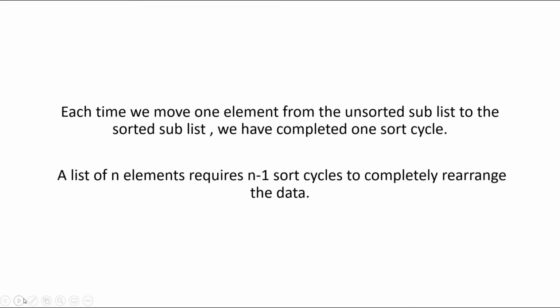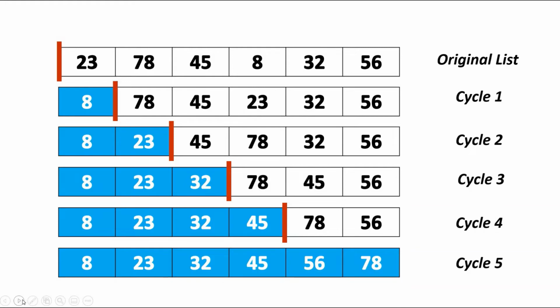So let's see an example. After that, you will get a clear understanding of selection sort. I just explained the steps of the selection sort algorithm. Now let's see this. This is an unsorted array, which means it is not in an order.